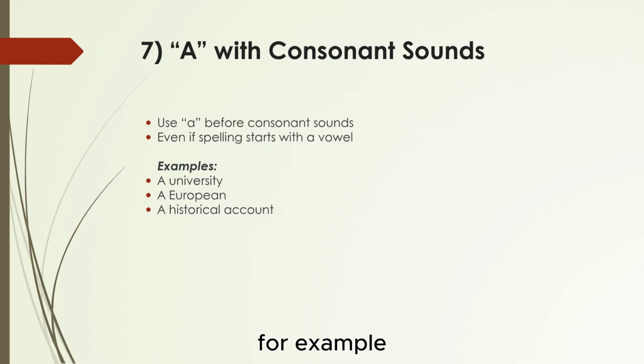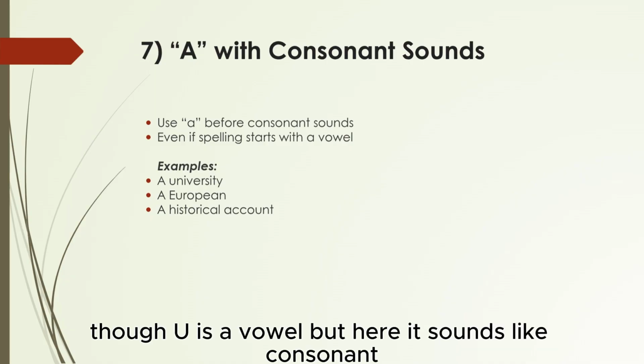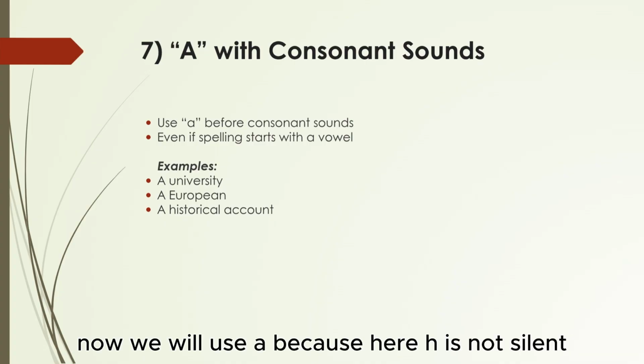For example, a university, because it starts with a y sound. Though U is a vowel, here it sounds like a consonant, so we have used a. Similarly, a historical account, now we will use a because here H is not silent, it is pronounced.